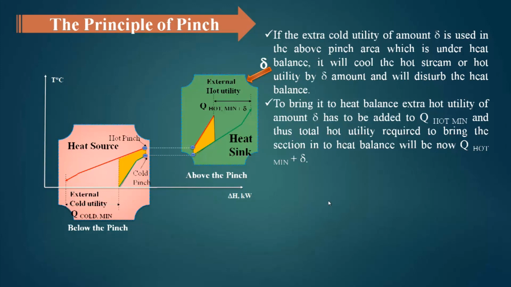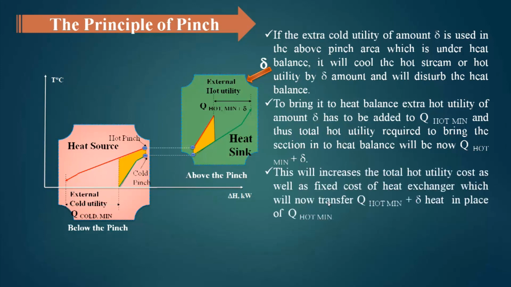That means my hot utility amount has increased by delta. So, the operating cost has increased, plus to transfer this delta amount of hot utility, I have to provide area again. So, this will increase the total hot utility cost as well as the fixed cost of the heat exchanger, which will now transfer Q hot minimum plus delta heat in place of Q hot minimum.